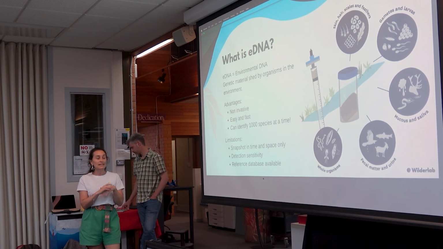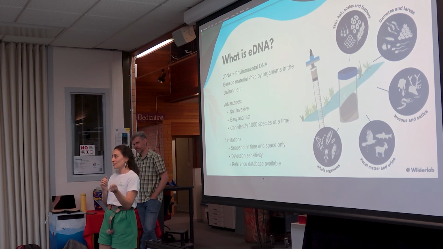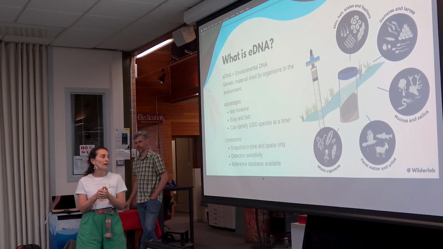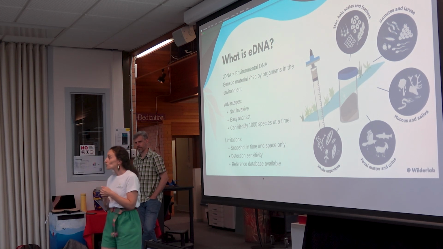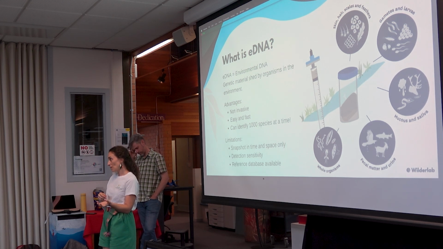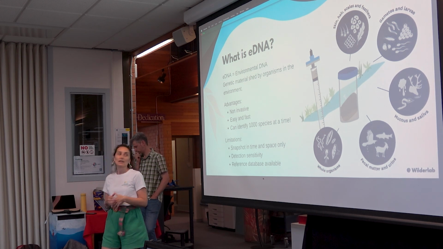Another limitation is detection sensitivity. Not all animals or plants are detected the same way. Some are more easily detected than others. Also, eDNA degrades in the environment, and depending on the type of genetic material that is present, some might deteriorate faster than others.